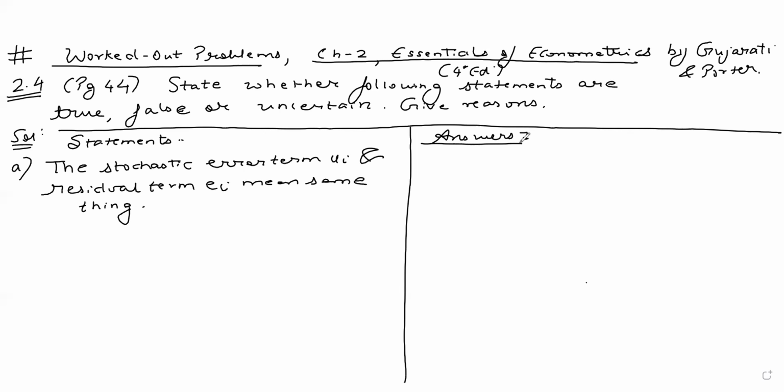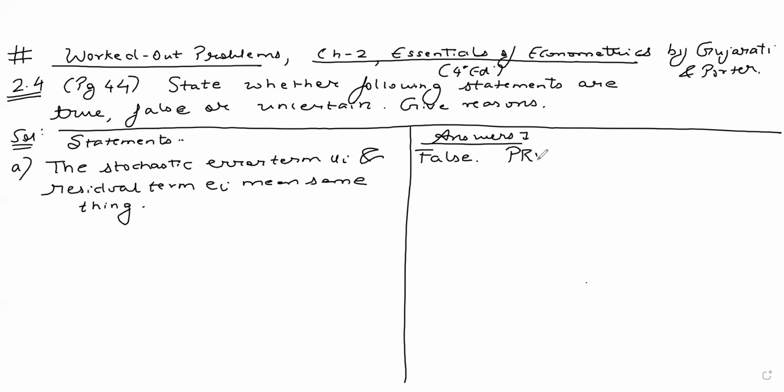So is this statement true or false? Now all students can recall that ui is the disturbance term you get from the population regression function. ei is the disturbance term or the residual term you get from the sample regression function. And ei is used to estimate ui. So ei and ui are not exactly the same. So I can write it's a false statement.